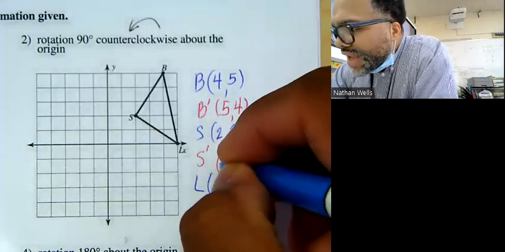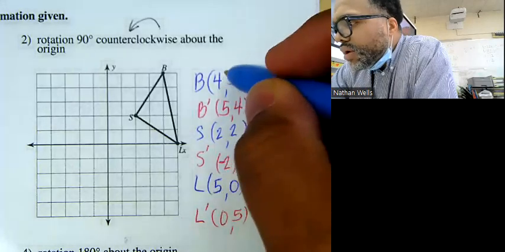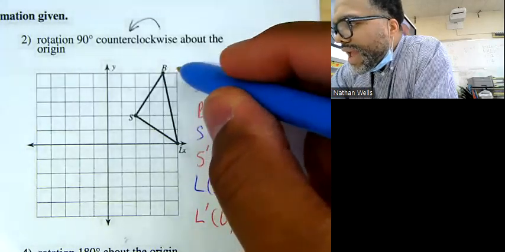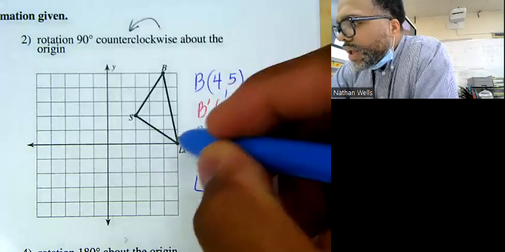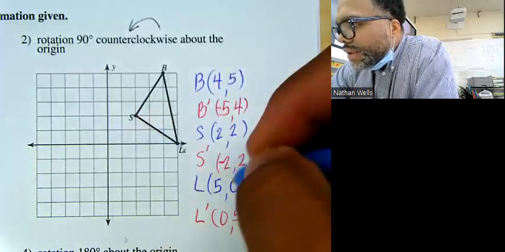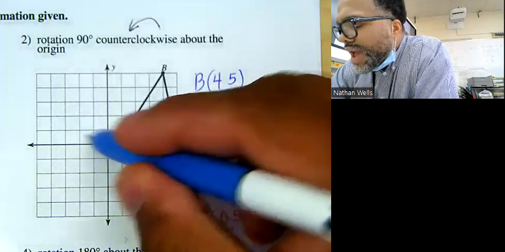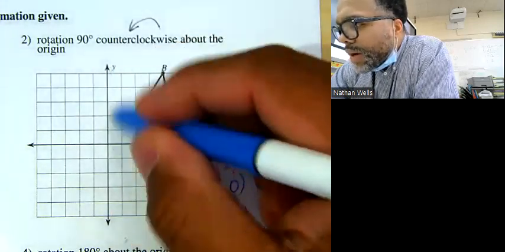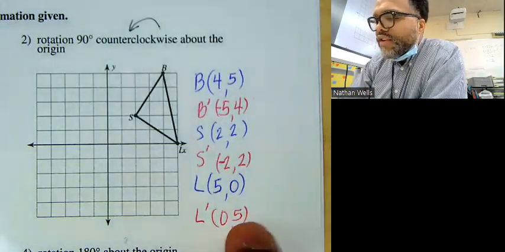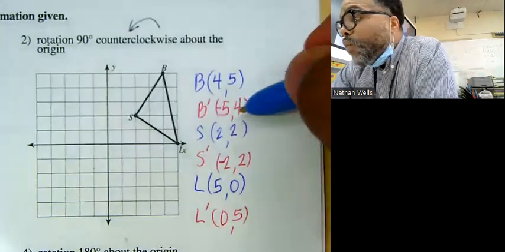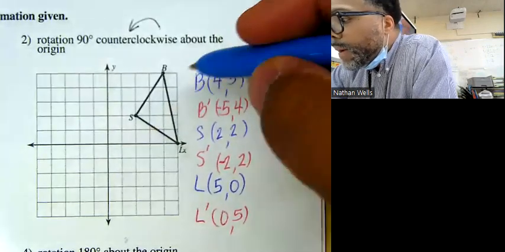So that was S. B, X values are negative, is going to be over here. And L, since 0 doesn't matter, X values are negative, but Y values are positive. So this is okay. My X value is negative, my Y value is positive. I have what I need in order to plot my points.